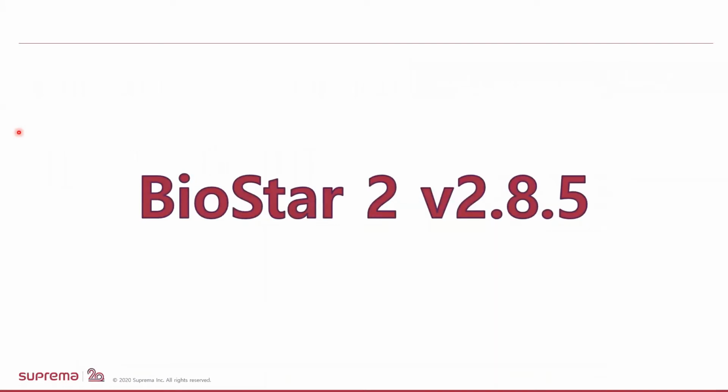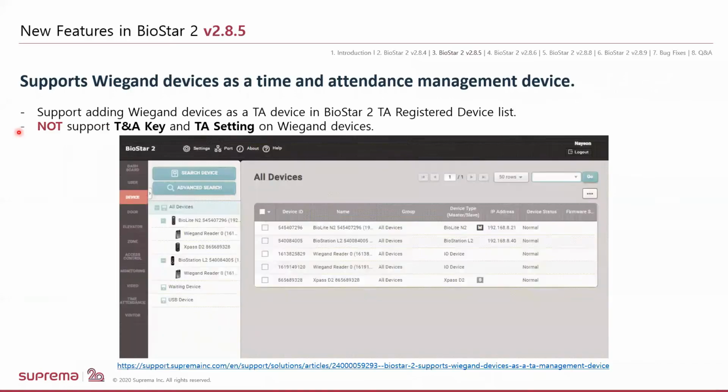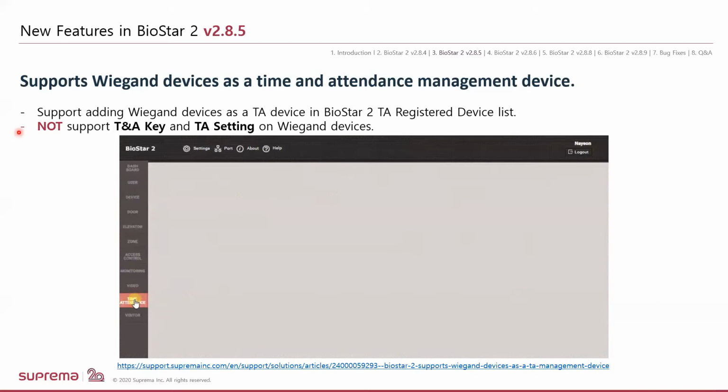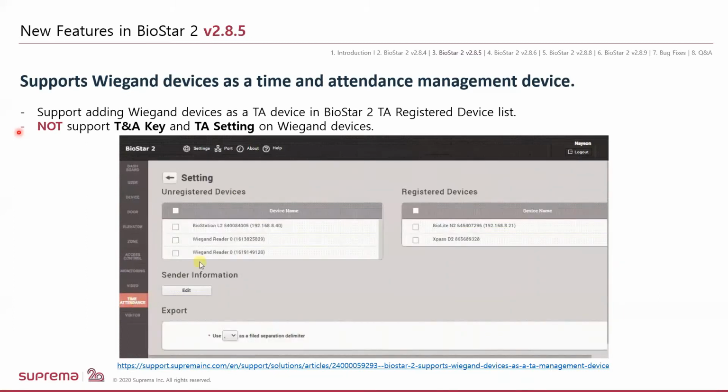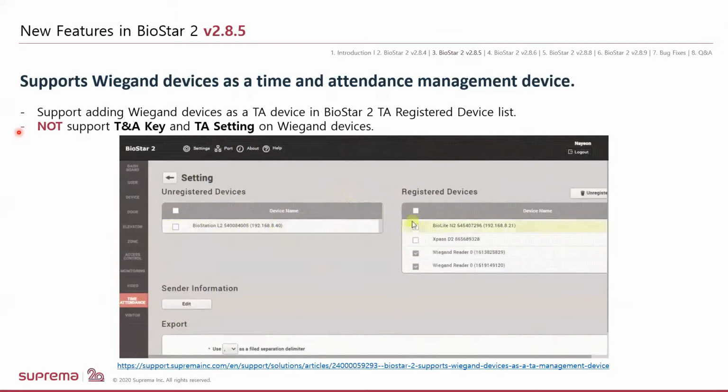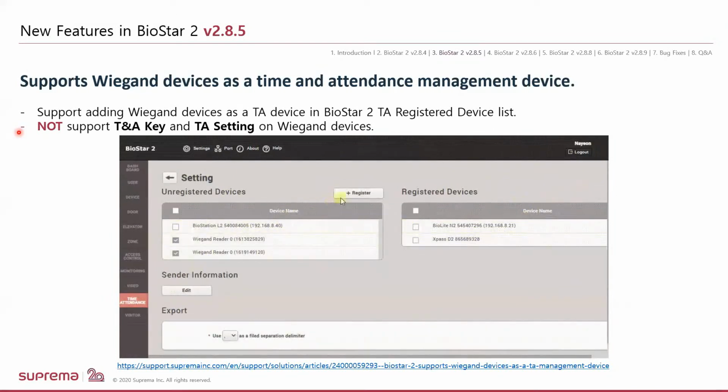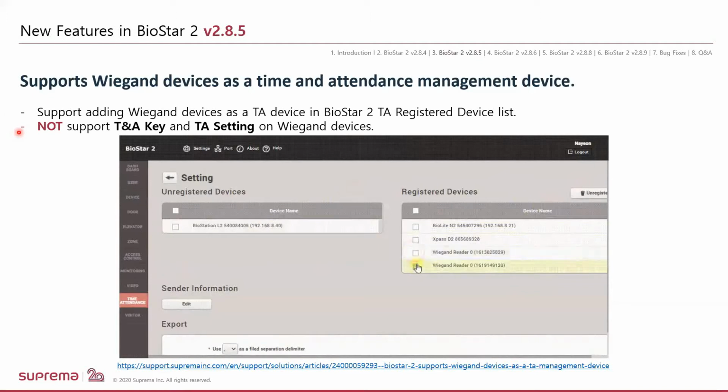The next version we will look at is BioStar 2.8.5. In this version, many improvements have been made to the functions related to BioStar 2 TA. The first major improvement of these is the ability to add Vegan devices as TA devices.